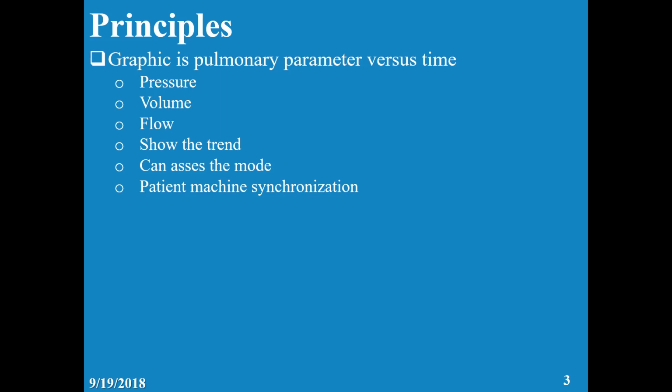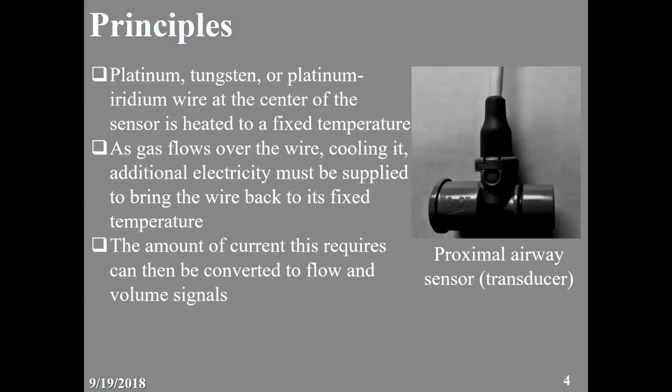And also it shows the response of the baby. So in short, it can tell us the control, and it can also tell us the mode. And also it can show us whether the ventilator and the baby are working in harmony like an organized orchestra, or they are not. So it can tell us the synchronization.